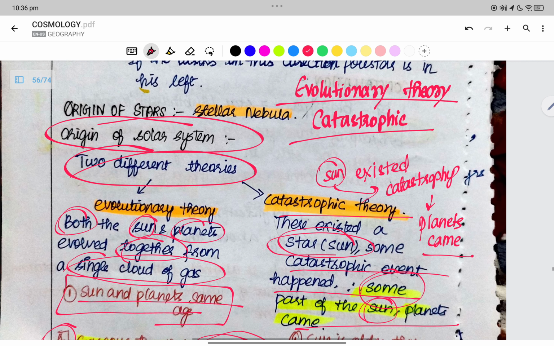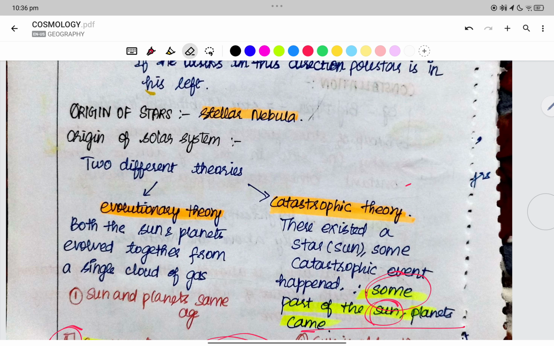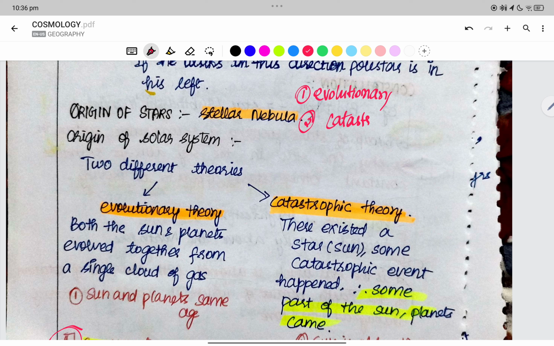Now we have two different types of theories. The first is evolutionary theory, where both evolve together. The second is the catastrophic theory.